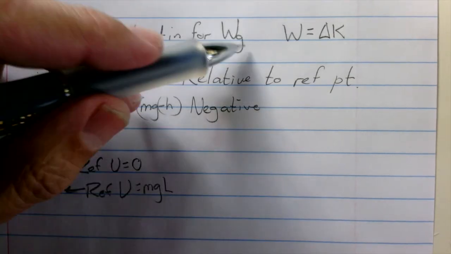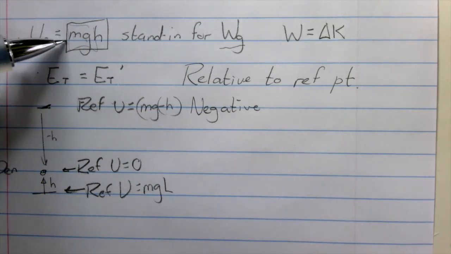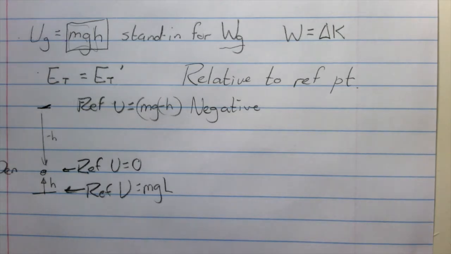Remember, this is standing in for the work done by gravity. And I'm not going to show how that goes. I'm simply going to say that this is more for AP Physics 1. You have to do an integration, by the way, to figure out how much work is done by gravity when you're moving at some distance far away from the Earth's surface. When you're close to the Earth's surface, it's linear, and we can use this. Because the work done by gravity just ends up being mg times the change in height, so it ends up being equal to that change in potential energy.